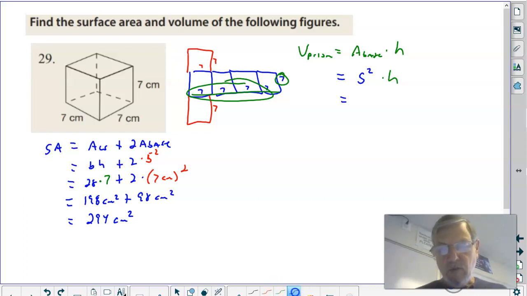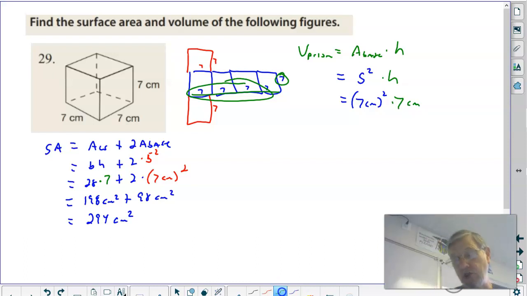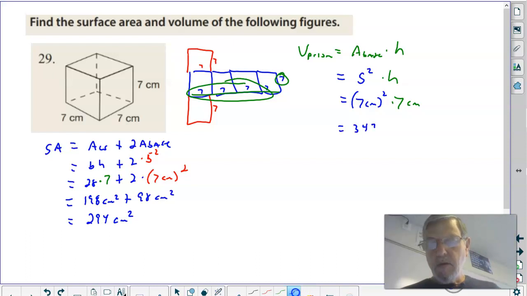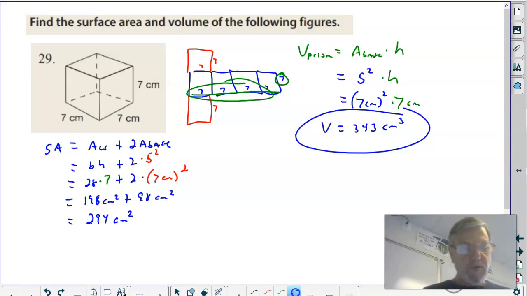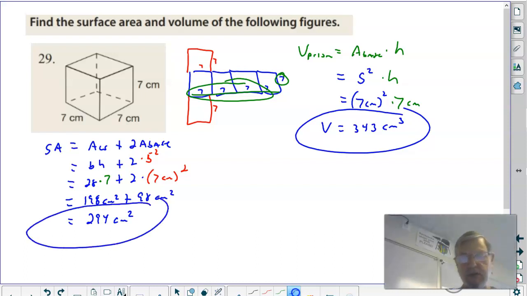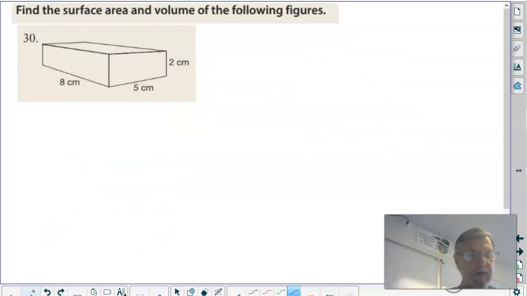All right, side squared, 7 centimeters squared times the height of 7 centimeters, which, by the way, you could have just cubed the 7. So same thing, and you end up with 343 cubic centimeters, and that's the volume of our prism. So surface area 294 centimeters squared, volume 343 centimeters cubed.